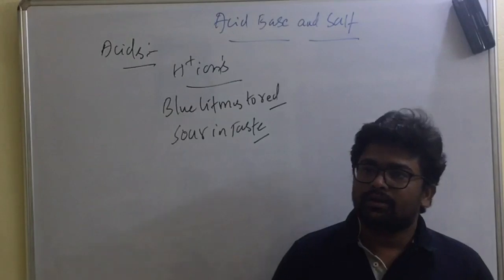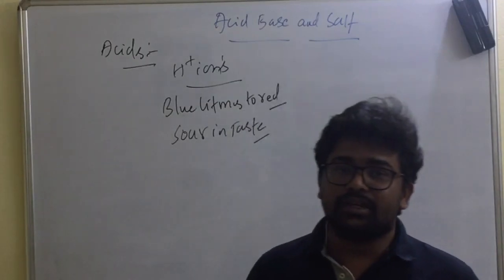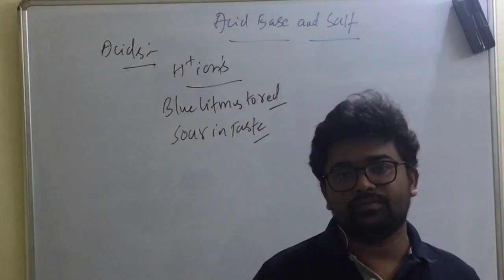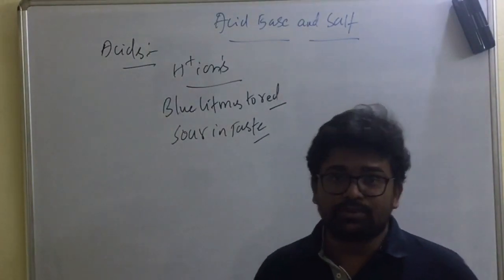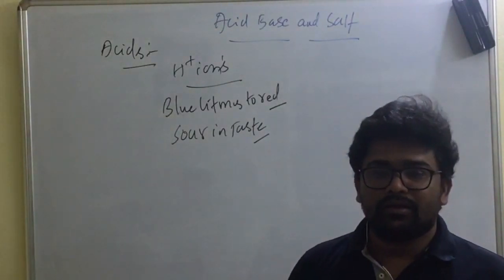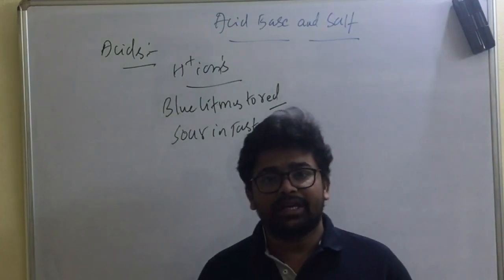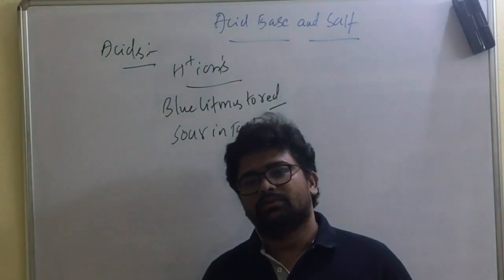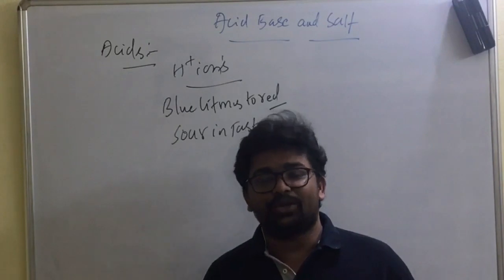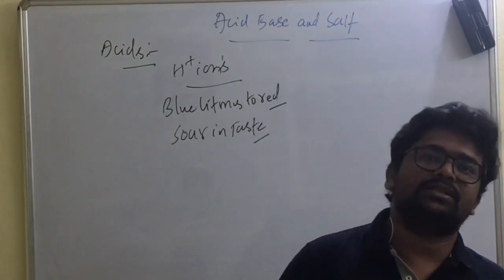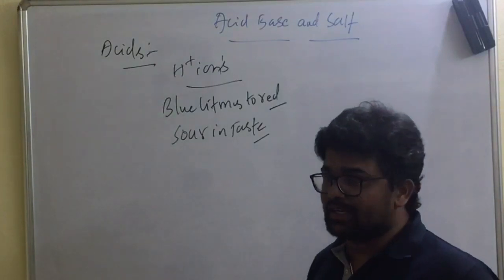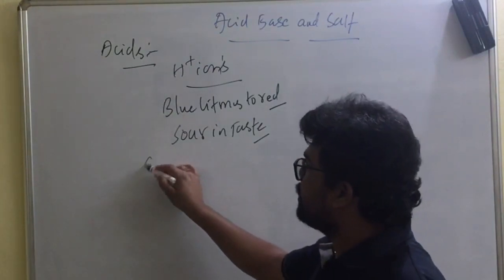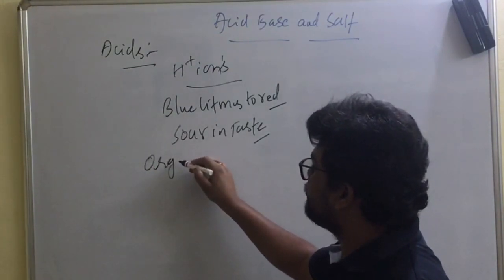So what are the examples of acids that we find in our daily life? Can you name some examples? Yes, tomatoes, oranges, tamarind. All these are some of the examples of acids which we find in our daily life.